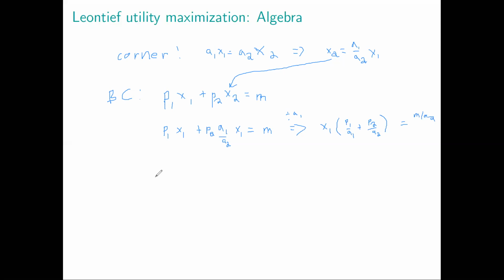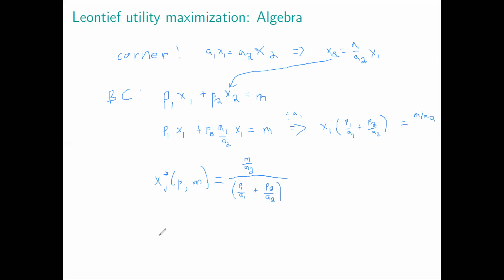Then we get that X1 star, as a function of P and M, is just equal to M over A2 over P1 over A1 plus P2 over A2.